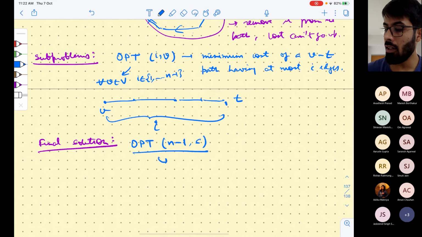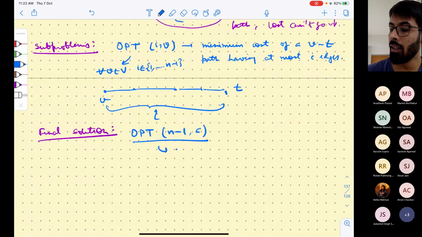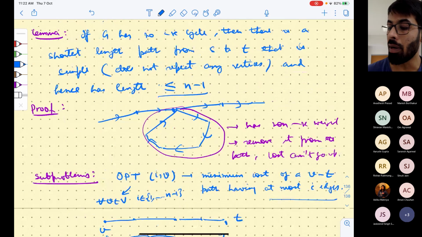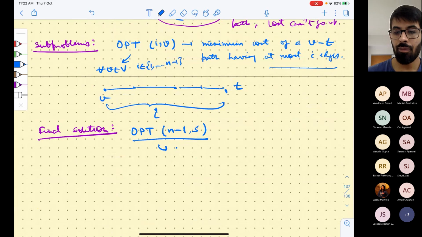Because the shortest path length, as we have already shown by the lemma, is less than n minus 1, so at most n minus 1 edges, and this is the minimum cost of an ST path having at most n minus 1 edges. So that is the minimum cost of an ST path due to this lemma. Right?